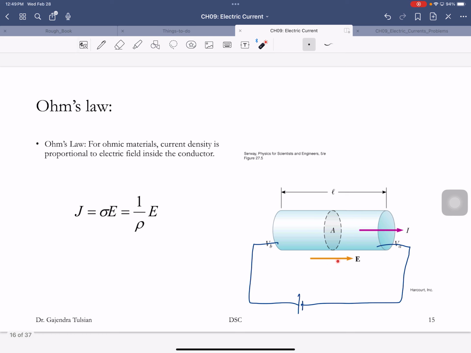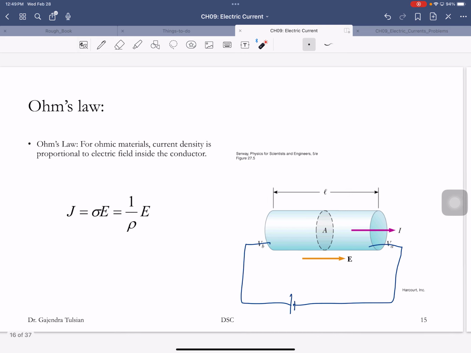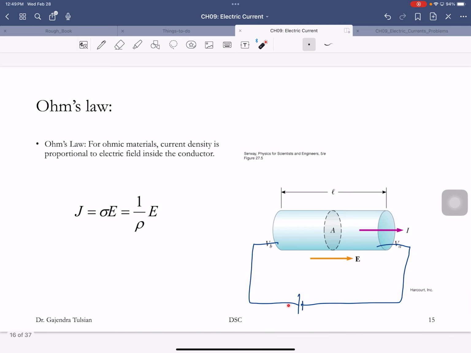So this battery established an electric field in this wire, and current density, current divided by area, is proportional to that. You double the voltage, you double the electric field, you double the current density, and you double the current.